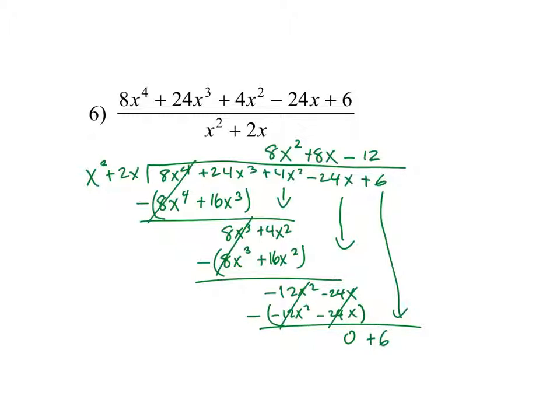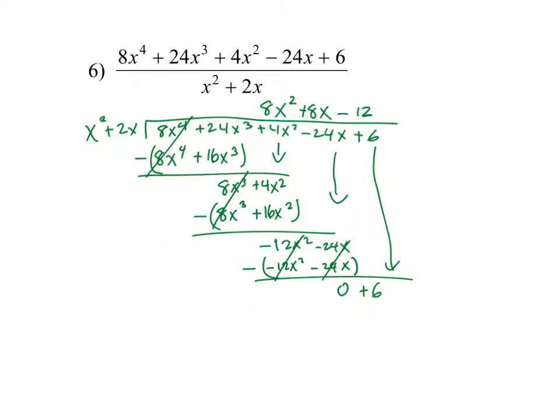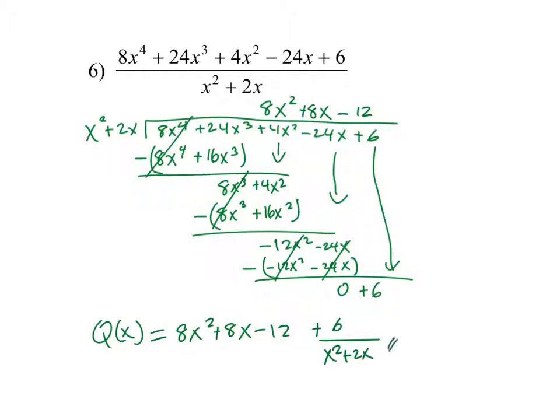My degree here is 0. It's lower than that degree, so that means that I'm done. Another way of writing this is the quotient equals 8x squared plus 8x minus 12 plus 6 divided by x squared plus 2x.